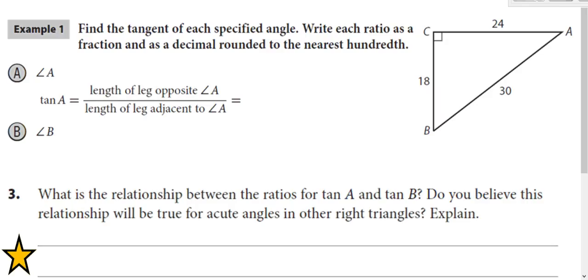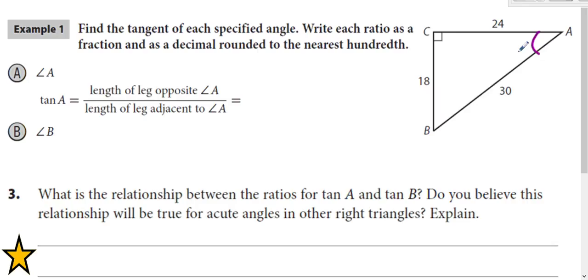So moving forward a little bit, here's our right triangle. It's a right triangle, so we can do sine, cosine, tangent. We'll learn about sine and cosine in the future. Angle A is what we're looking at. We're going to write the ratio for angle A, tangent of angle A. So you have to take the opposite side.